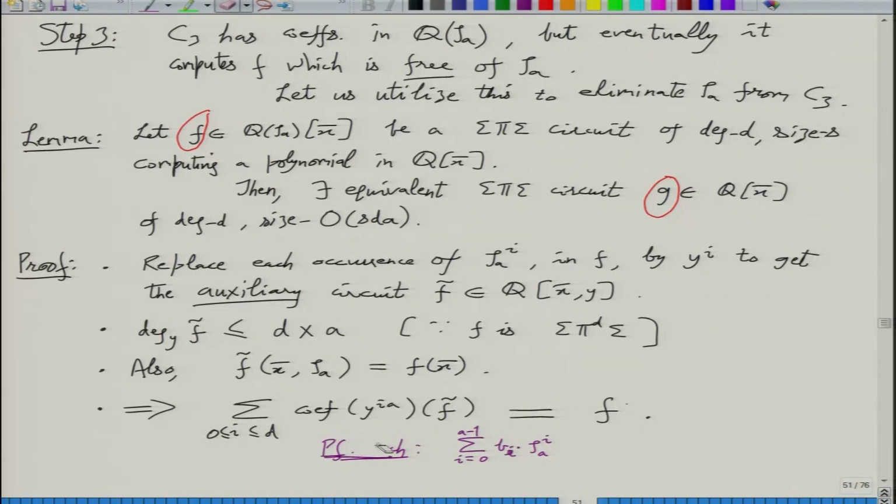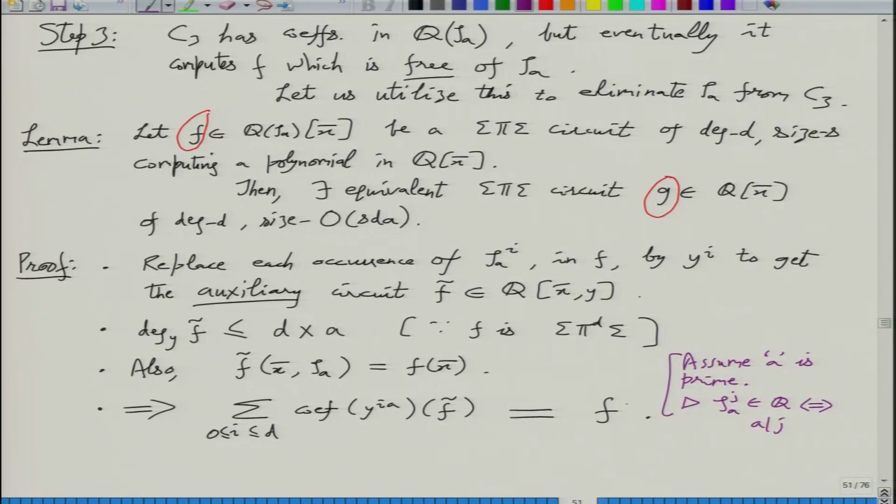Otherwise, we have to concoct other concepts. It will not help. Let us just assume that a is prime. So when a is prime, the property is that zeta a to the j will be rational if and only if a divides j, then it is true, right.